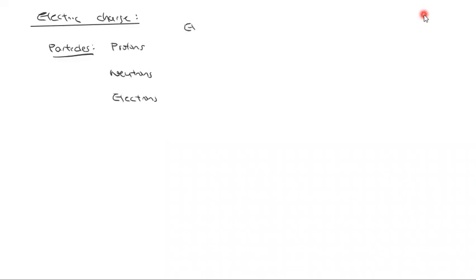If we're focusing on the electric charge, then what charge is a proton? Positive. What charge is on a neutron? No charge. And what's the charge on an electron? Negative. Right. Now, do you guys know how much the charge is on a proton and an electron?